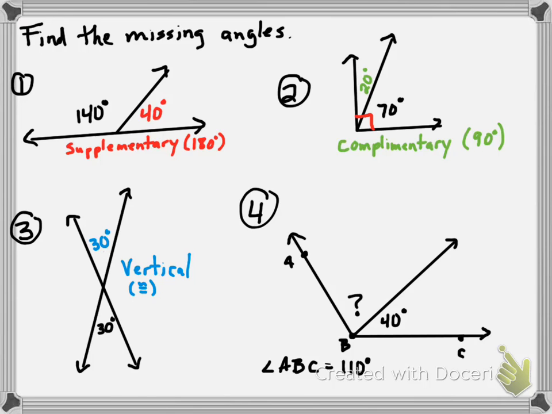Okay, and then number 4, the last one, it tells me that angle ABC is 110 degrees. That means this whole big angle is 110 degrees. And these two angles are adjacent because they share a vertex and a side.